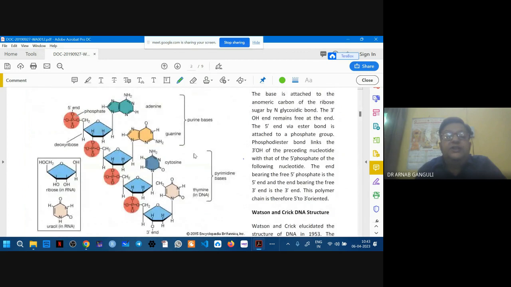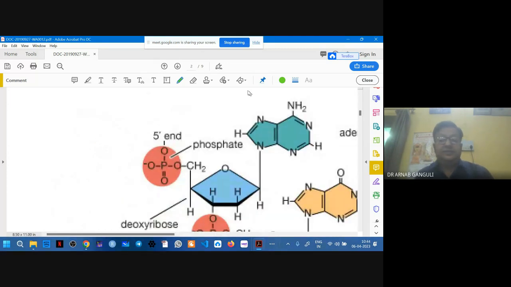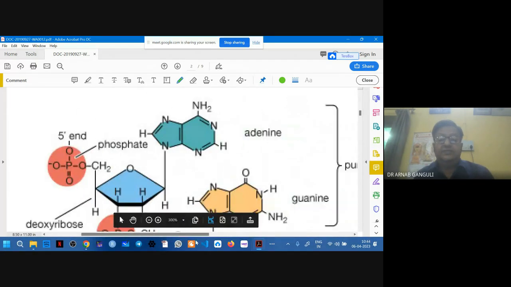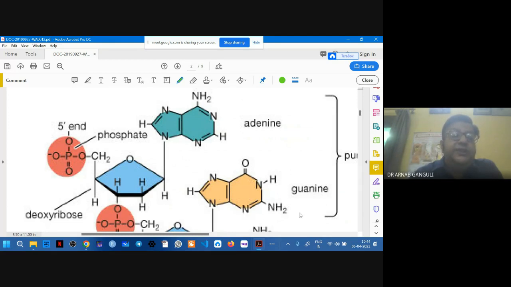Now, if you look at the structure of single-stranded DNA, this phosphate is at the 5 prime carbon here.